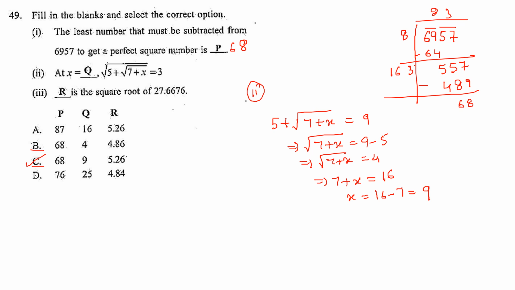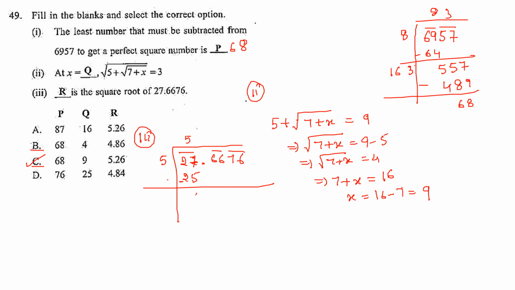Now find the square root of 27.6676. So again, I'm going to use the long division method. So 27.6676. You have to make a pairing. So when you do the pairing over here, first you have to use 5 times 5, which will give you 25.